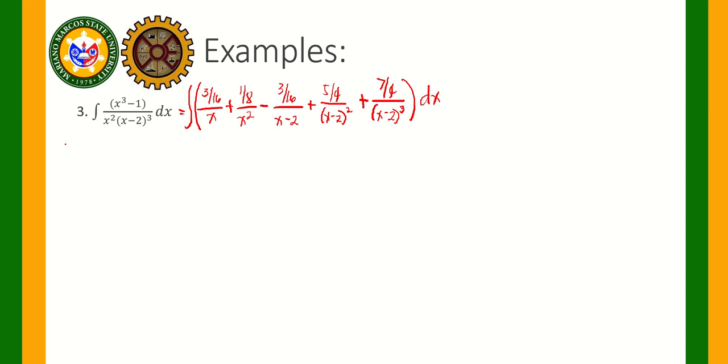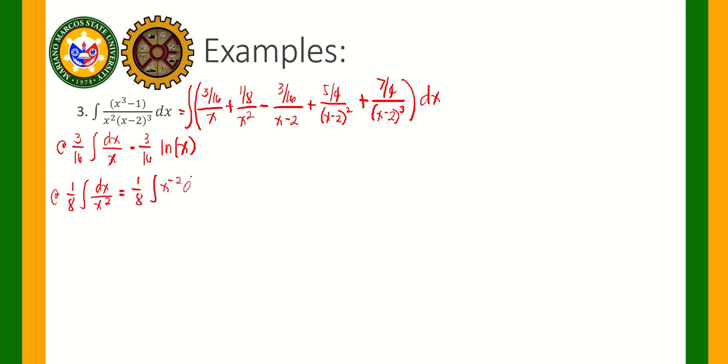So what we will do is to separately integrate. Okay? So the integral of, since it is a constant, 3 over 16, the integral of dx over x. So this will be equal to 3 over 16 ln of x. Right? Okay. So that is the integral of our first term. Now, for our second term, that is equal to 1 over 8, the integral of dx over x squared. We can rewrite this as 1 over 8, the integral of x raised to negative 2 dx.